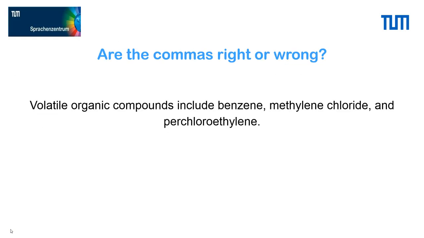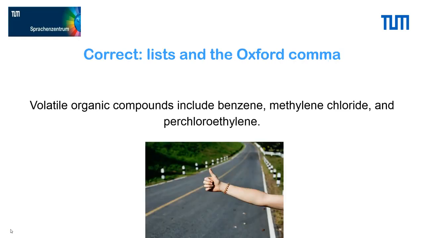Okay then, here we have the sentence, "Volatile organic compounds include benzene, methylene chloride, and percolate." Okay, I'm not even going to try to pretend I actually know how to pronounce this word, but maybe one of you knows how to pronounce it. In any case, this is actually fine.